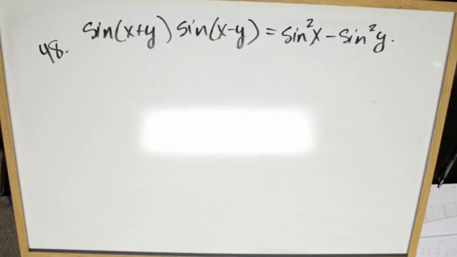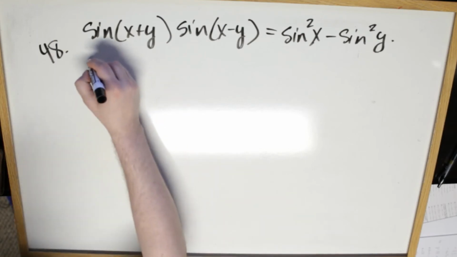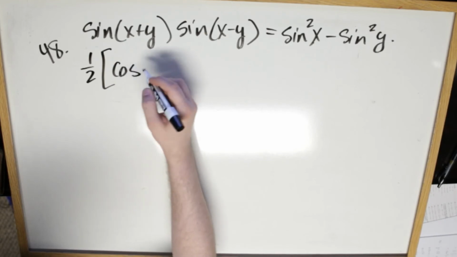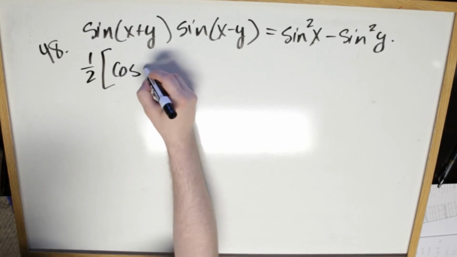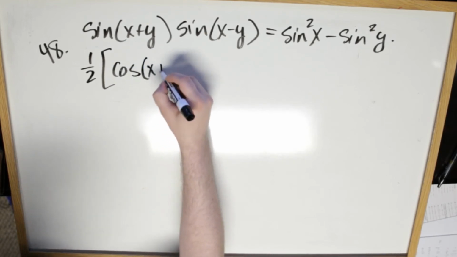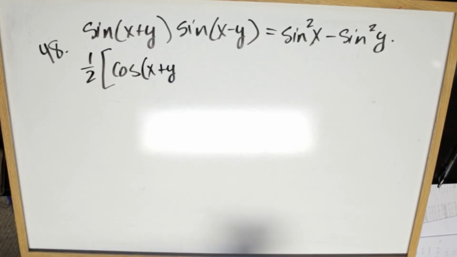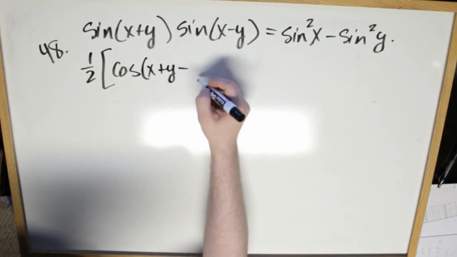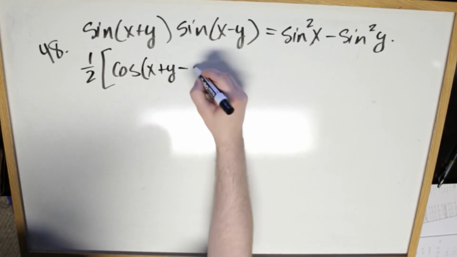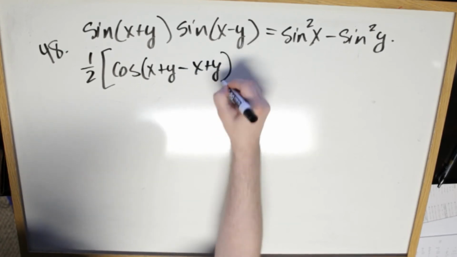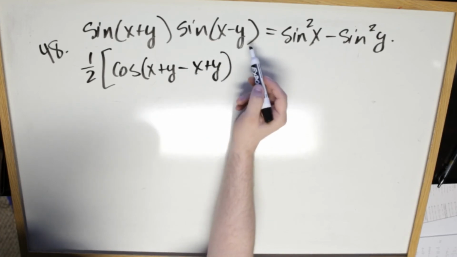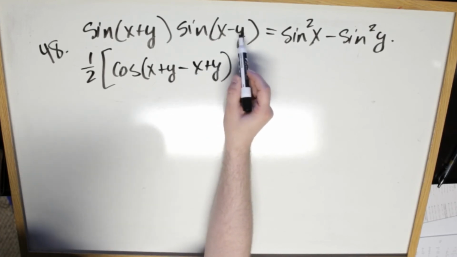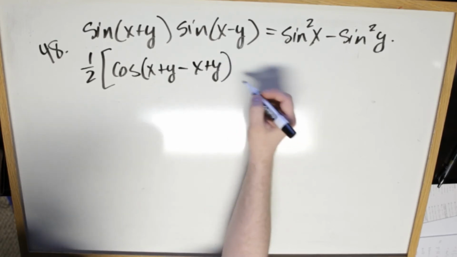So now what we've got is 1/2 times the cosine of x plus y minus x plus y. So the minus sign is actually distributing to both of those, so a minus x and a minus y, which makes it a positive. Okay.